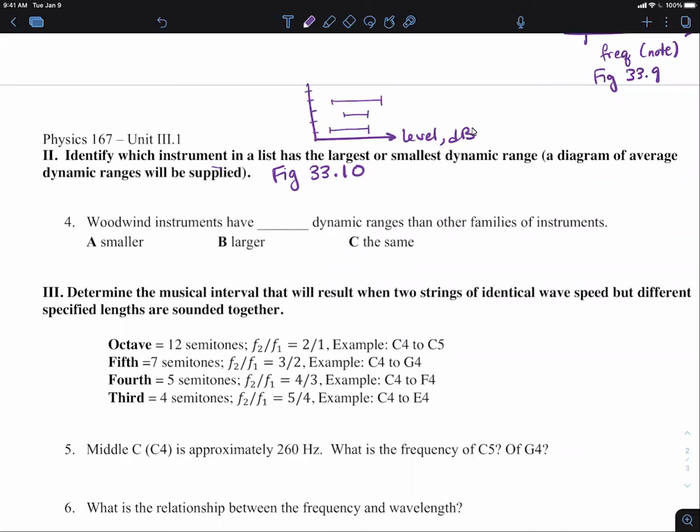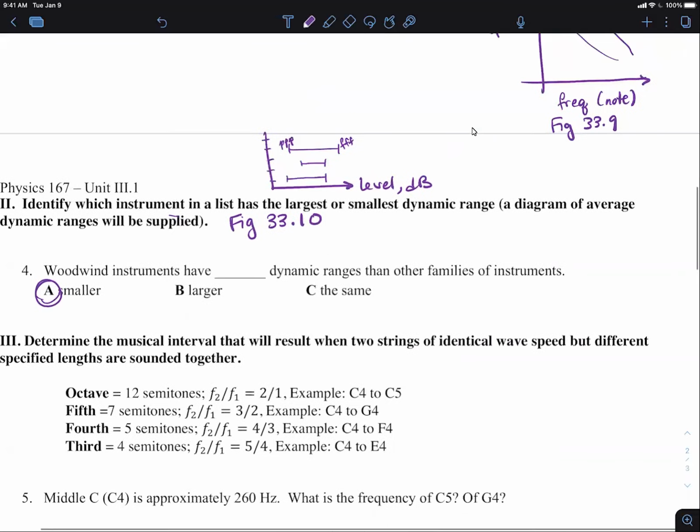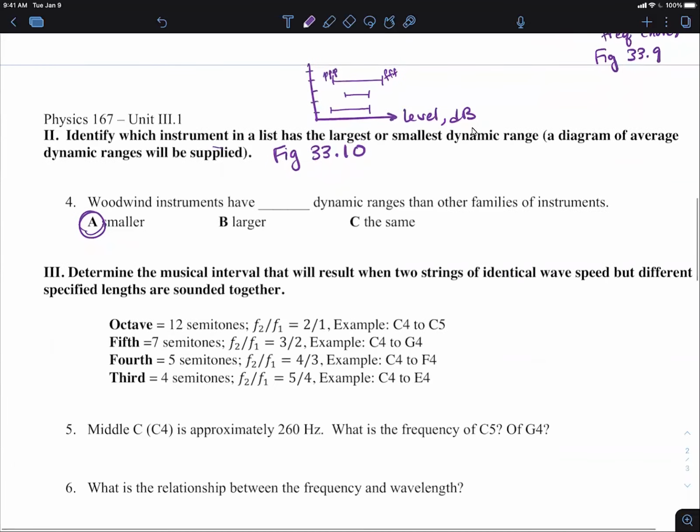So for each instrument, this end here would be like pianissimo, and then this would be like the fortissimo. Okay, and in general, the woodwinds have the smallest dynamic range, meaning variety of sound levels that they can produce and make good sounds at.